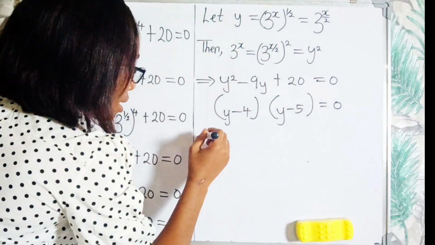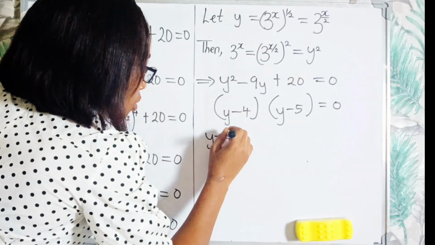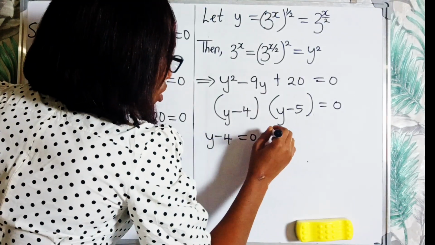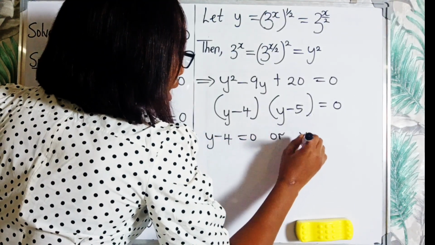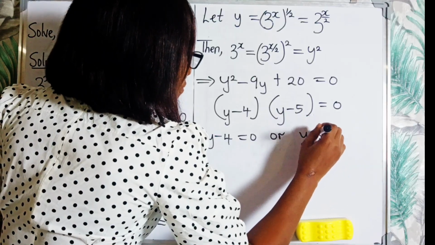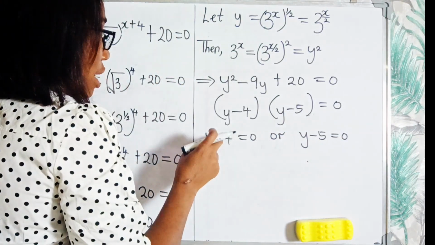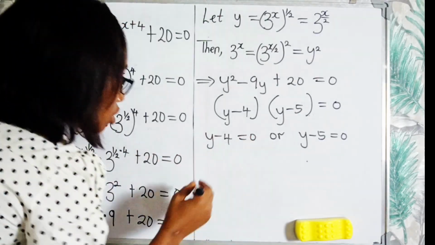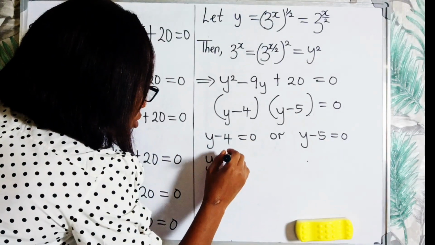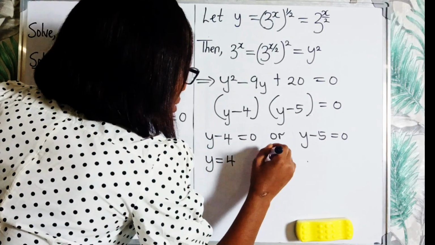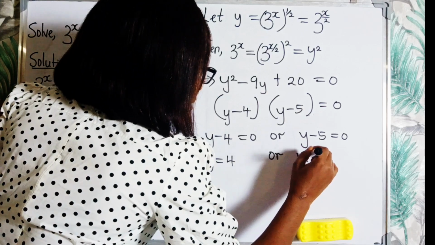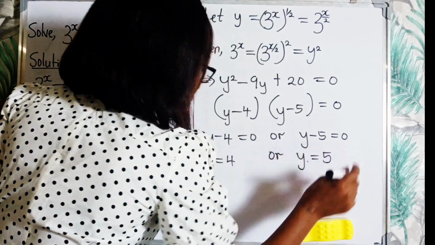So y minus 4 is equal to 0, or y minus 5 is equal to 0. If we transpose minus 4 to this side of the equation, we have y is equal to 4, or y is equal to 5.